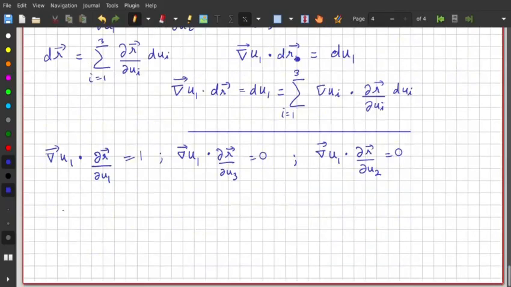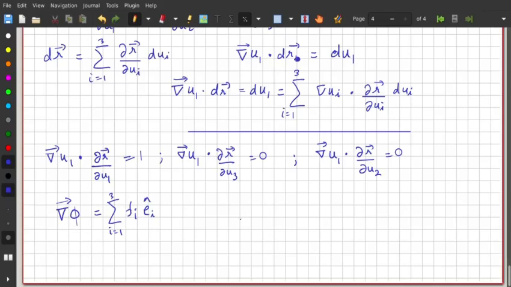So let's write the gradient of any arbitrary function, let's say phi, in terms of the contravariant components as the sum over i equals 1 to 3 of f sub i ei hat.